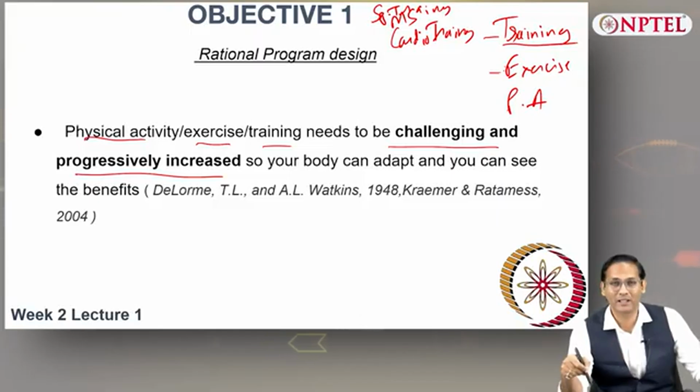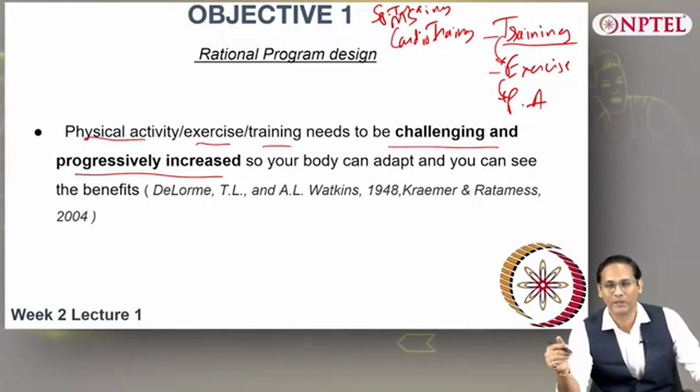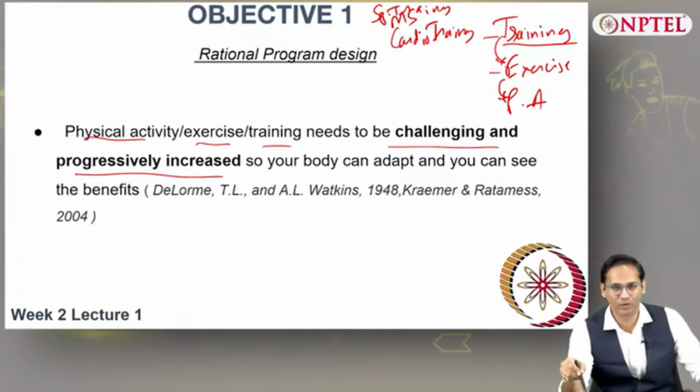Second point, exercise. Now, exercise is any physical activity which you do repeatedly and which you progressively overload, week by week. Now, obviously, someone who is undergoing a training is engaged in an exercise. He does an exercise.